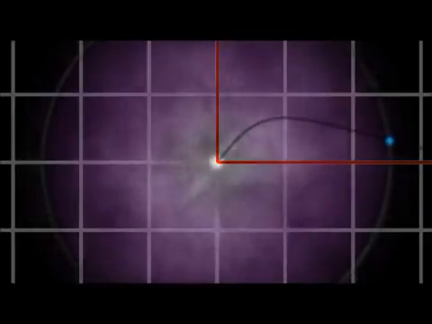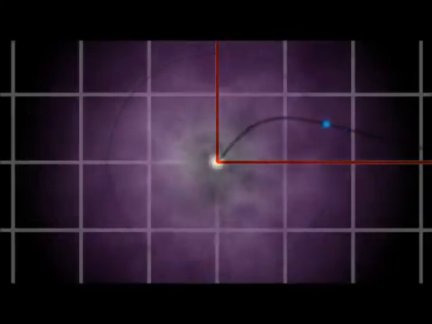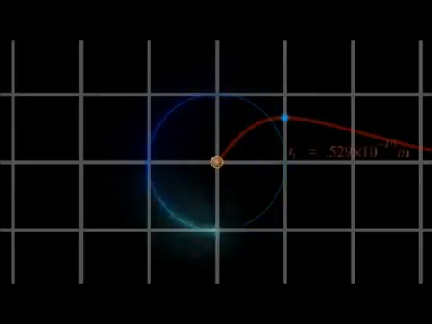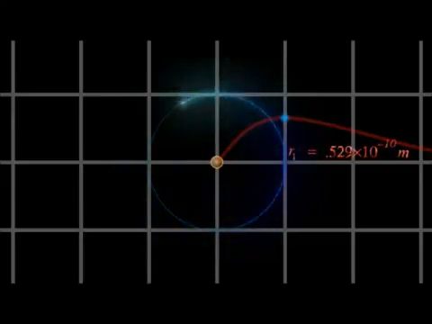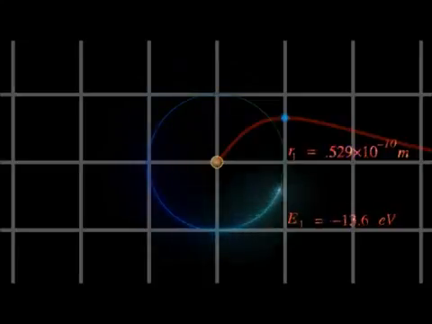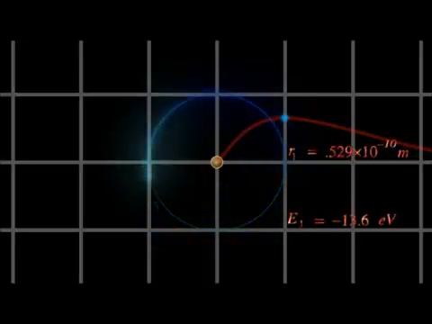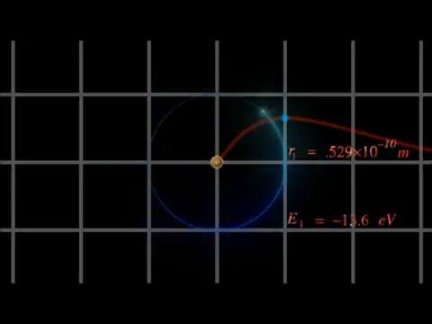Amazingly, the radius where the probability reaches a maximum is precisely equal to the radius of the first allowed orbit of Niels Bohr's model of the hydrogen atom. And its energy is exactly equal to the energy of an electron in this orbit in the Bohr atom.